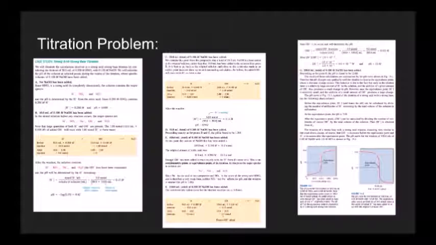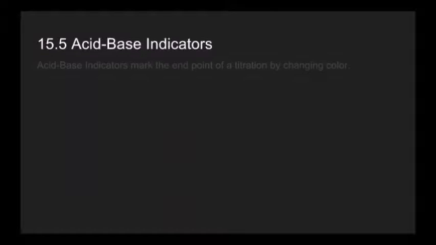For B, you're adding 10 milliliters of this 0.1 molar NaOH, and basically what you do is take the concentration and the volume of HNO3 and NaOH and convert both to moles. Then you set up an ICE chart and see which one is the limiting reactant, and once you do that, you subtract to find the amount of moles of H plus remaining, which you can finally use to find pH.